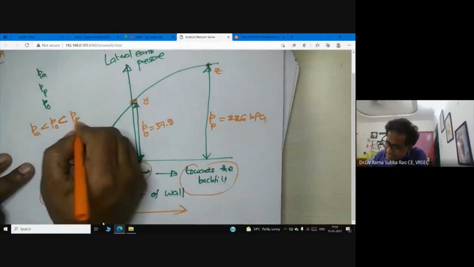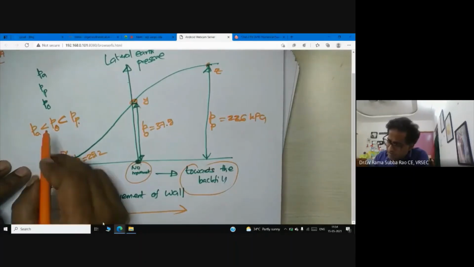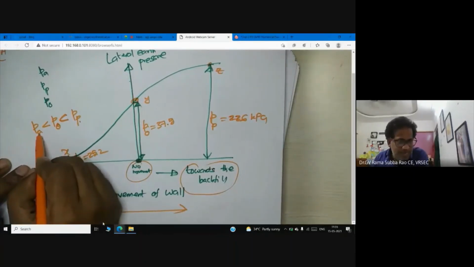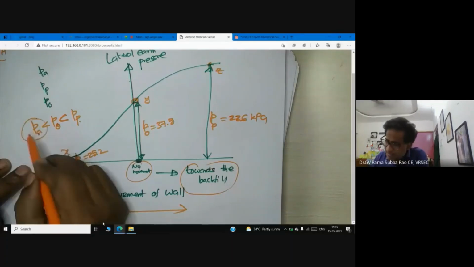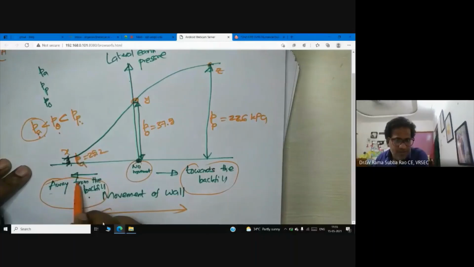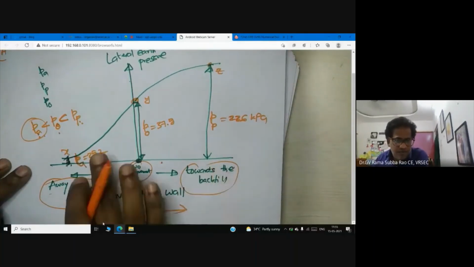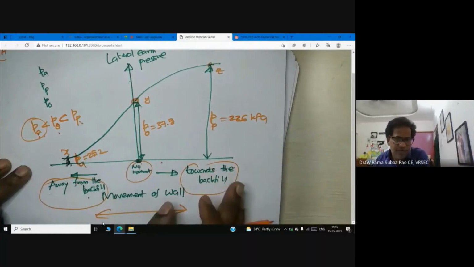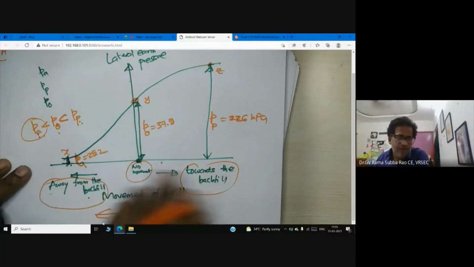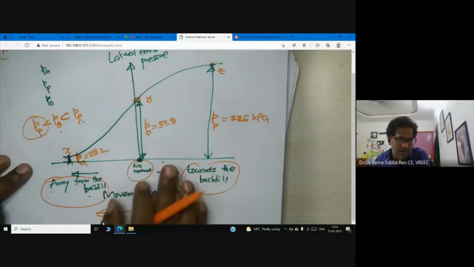PP is greater than P naught. PA is less than both PP and P naught, so PA is the least value. P naught is the middle one, lying between PP and PA. So this is about the different earth pressures and their magnitudes.